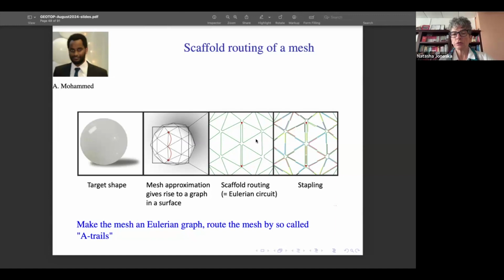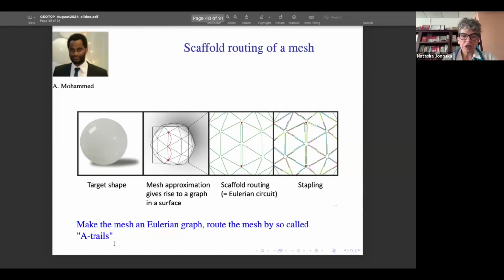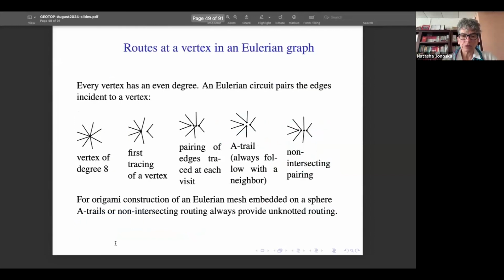Once you have the Eulerian graph, you design the staple strands, and the staple strands would join different parts of the structure. The Eulerian circuit would be the origami traversing the structure. These were known as A-trails in an Eulerian graph.